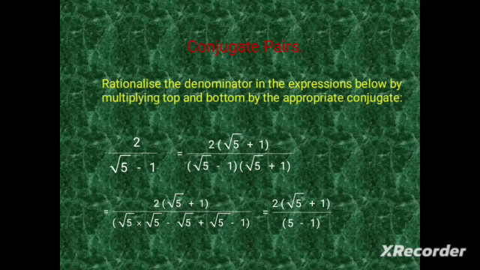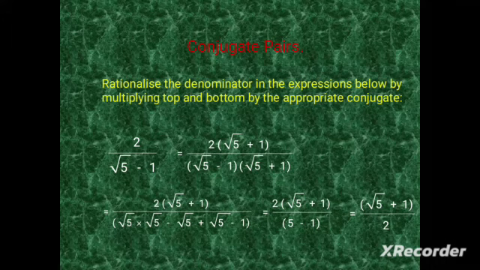So that answer will give us 2 root 5 plus 2 over 4. Then you simplify further. Your final answer will be root 5 plus 1 over 2.